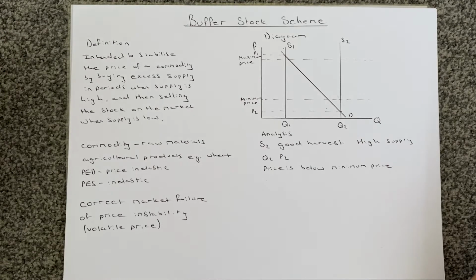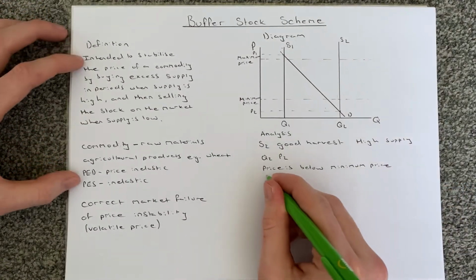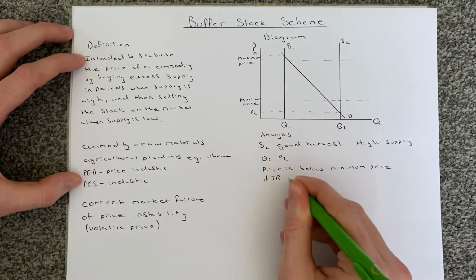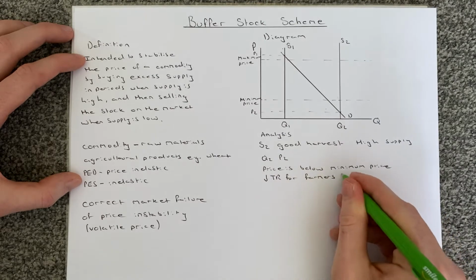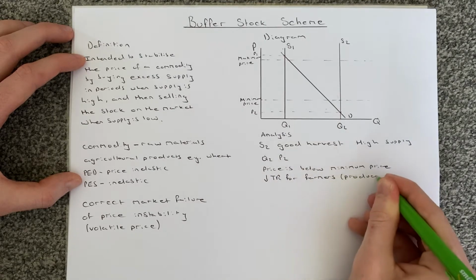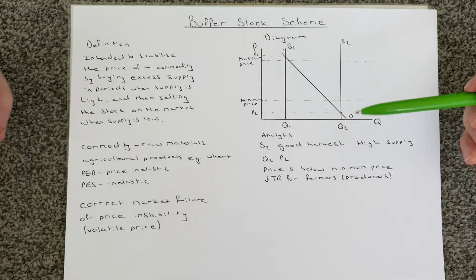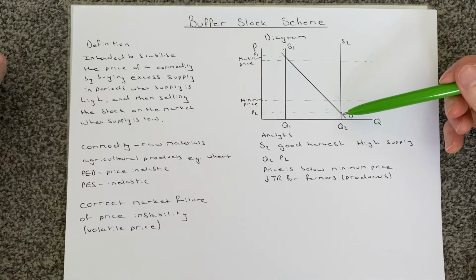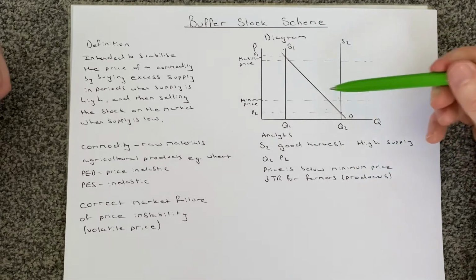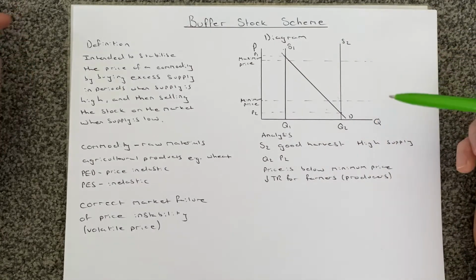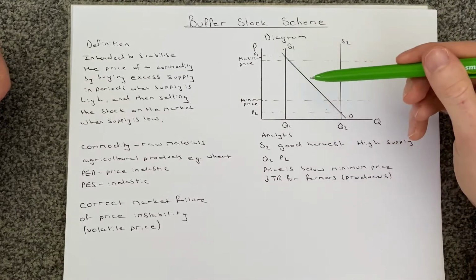As we discussed when looking at the market failure, that lower price is going to reduce the total revenue for farmers, who in this case are the producers. So they're worse off due to this lower price. The buffer stock scheme wants to make sure we stabilize these prices and that farmers are not worse off, so we want to maintain the price between the minimum and maximum price.